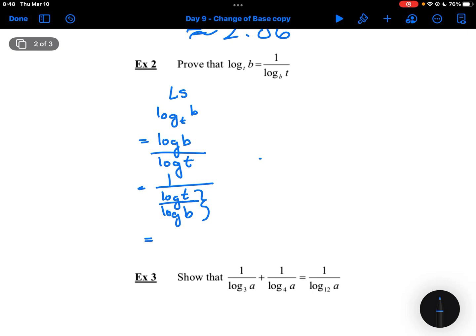I know that in log t over log b, this is my argument, and this one is my base. So that means I can change log t over log b into log base b of t using my change of base formula backwards.